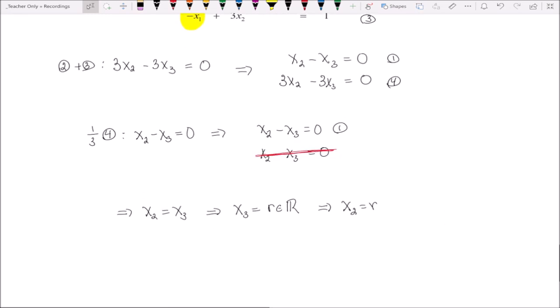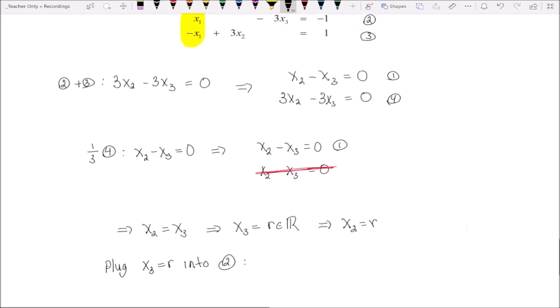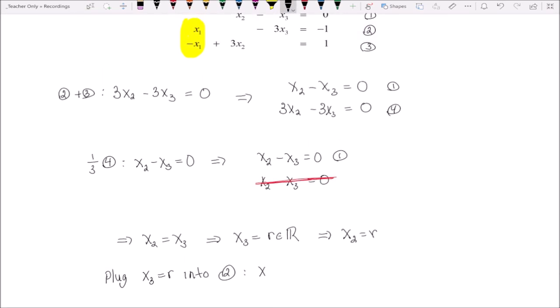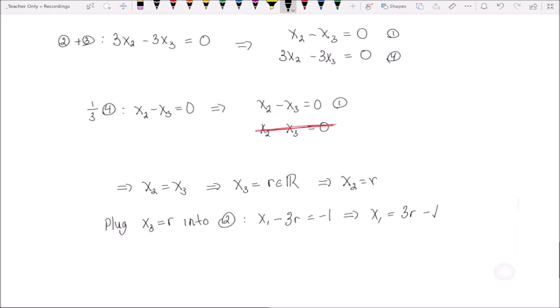So plug x3 equal to r into equation 2. Doing so will give us x1 minus 3r is equal to negative 1, which means x1 is 3r minus 1.